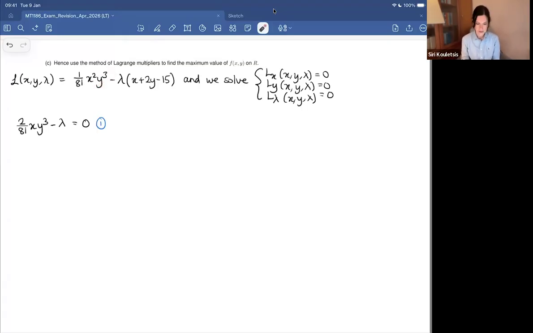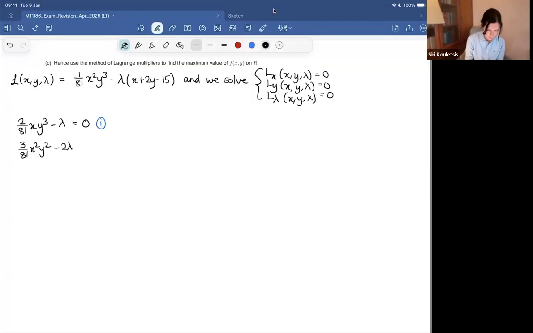X squared stays the same. It's treated as a constant. Okay, that's that term dealt with. What do we have left involving y? It's minus 2 lambda y, and so differentiated with respect to y, we get minus 2 lambda, and then we set that equal to 0.